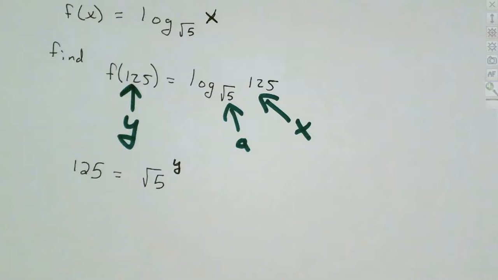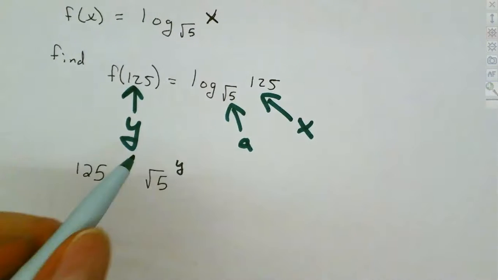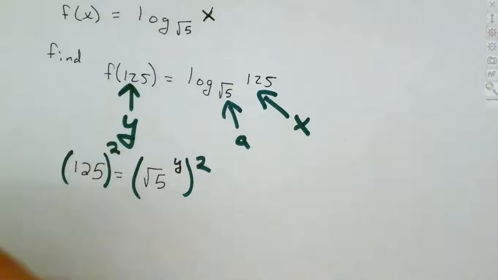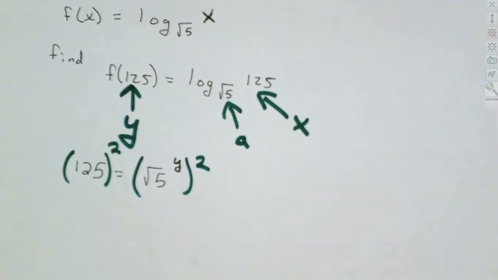I think the easiest way is whatever you do to one side, you've got to do to the other. So how can I get rid of that square root? Square it. So that's what I'm going to do first. So I'm going to square both sides.